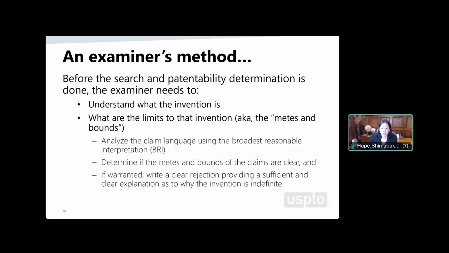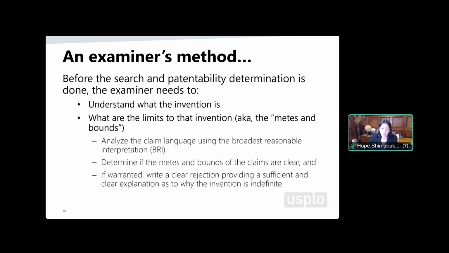If the applicant has become their own lexicographer, meaning they have come up with a new meaning of a specific word, or they've created a new word altogether, the examiner needs to check the specification for those definitions of terms. And because the applicant has the opportunity to amend claims during prosecution, giving a claim its broadest reasonable interpretation will reduce the possibility that that claim, once issued, will be interpreted more broadly than justified.